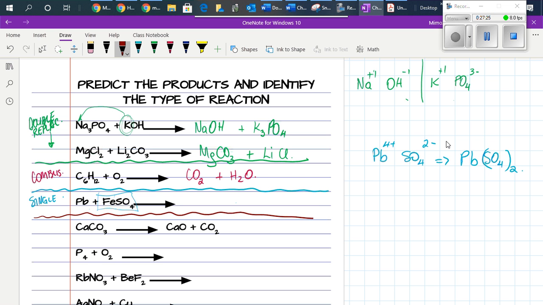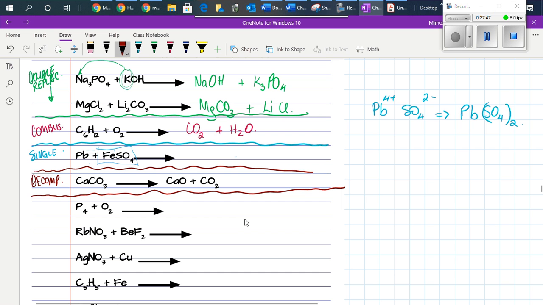Calcium carbonate. What type of reaction is this? Guys? Decomposition. Good. It is decomposed into simpler elements, let's say. And what about the next one?